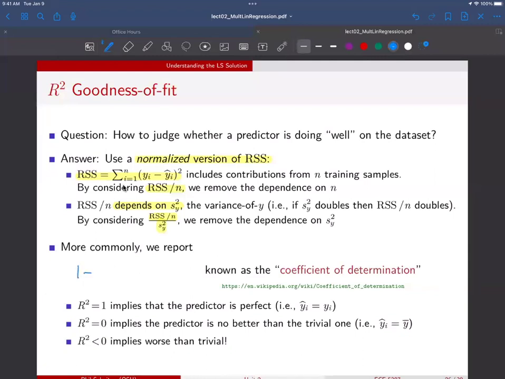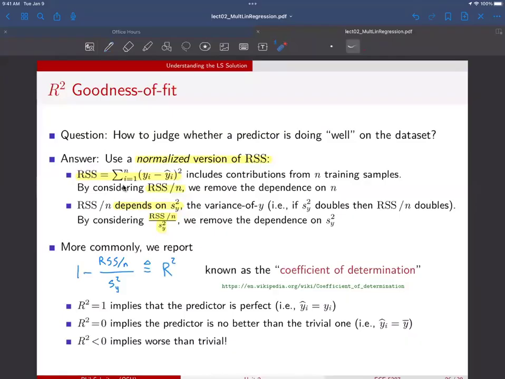They look at 1 minus that quantity. So it's 1 minus this normalized RSS. And this is known as R squared, the coefficient of determination. This is a sensible thing we could use, but instead we're going to use 1 minus that.